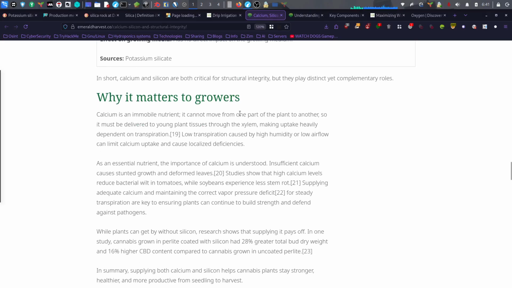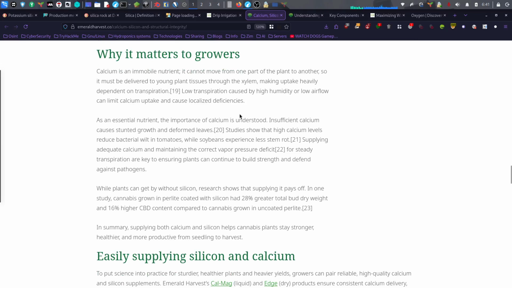Why it matters to growers? Calcium is an immobile nutrient. It cannot move from one part of the plant to another, so it must be delivered in plant tissues, the roots and xylem, making uptake heavily dependent on transpiration.